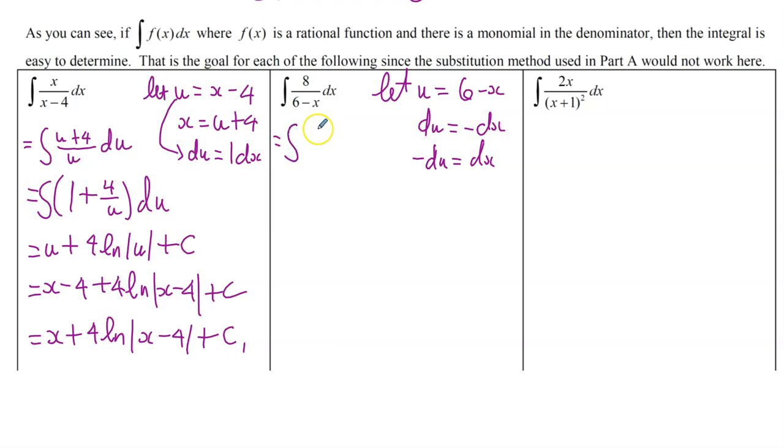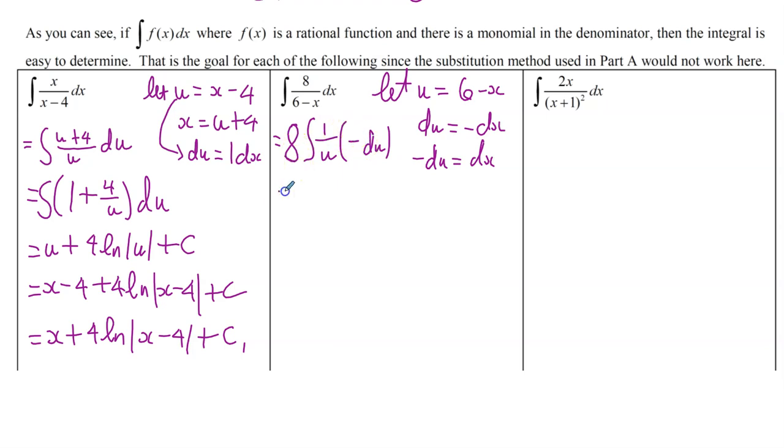Ready? The 8's just a constant, so let's bring the 8 out in front of the integral. We've got 1 over 6 minus x, so that's 1 over u, and dx is negative du.